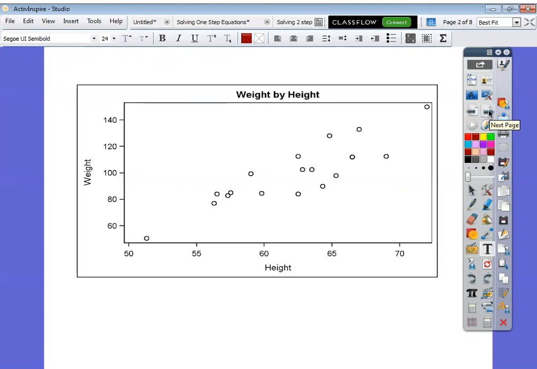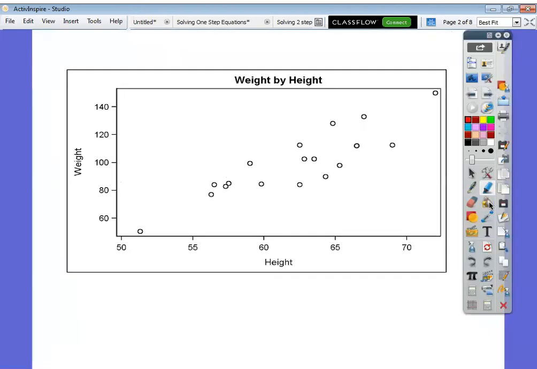The first thing I want you to take a look at is this one. I randomly got these, and I don't know what the height and weight of anything means, but we are trying to see if there's a relationship between weight and height. They went out and gathered a whole bunch of information.